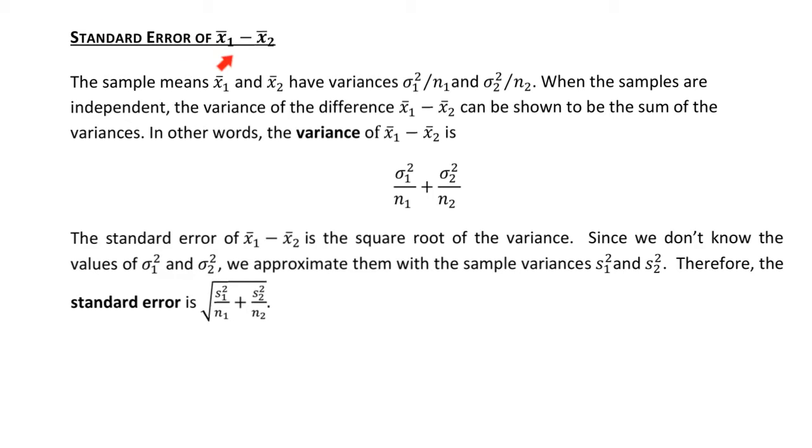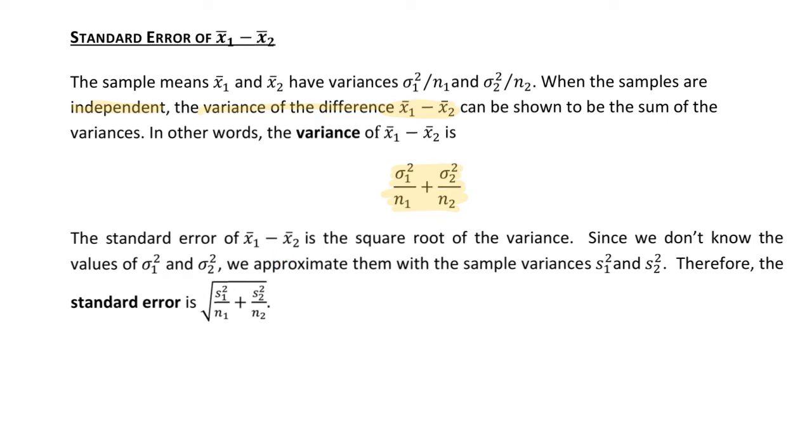Standard error of x1 bar minus x2 bar, the difference between the sample means. The sample means x1 bar and x2 bar have variances sigma1 squared divided by n1 and sigma2 squared divided by n2. When the samples are independent, the variance of the difference x1 bar minus x2 bar is sigma1 squared divided by n1 plus sigma2 squared divided by n2.